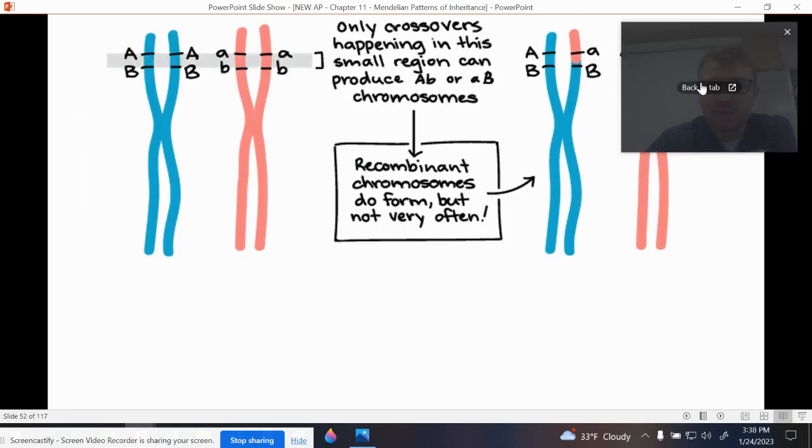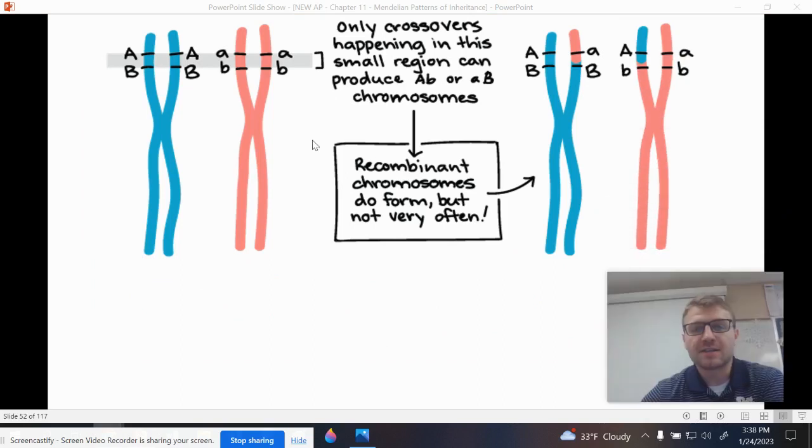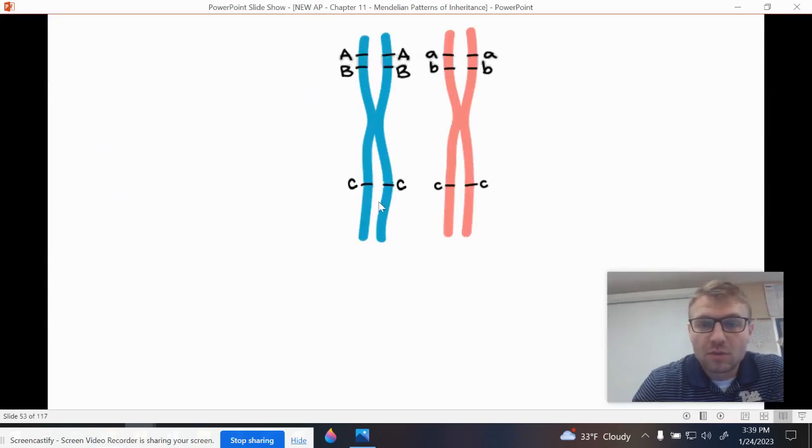It was because certain genes are linked together, and this is because they're found closer to each other on a pair of chromosomes. These genes are linked because they're found close together on the same chromosome. That means there is less of a chance that crossing over is going to occur between them. In this case, the A's and the B's are going to be inherited more often together than not because they're so close together on the same chromosome.